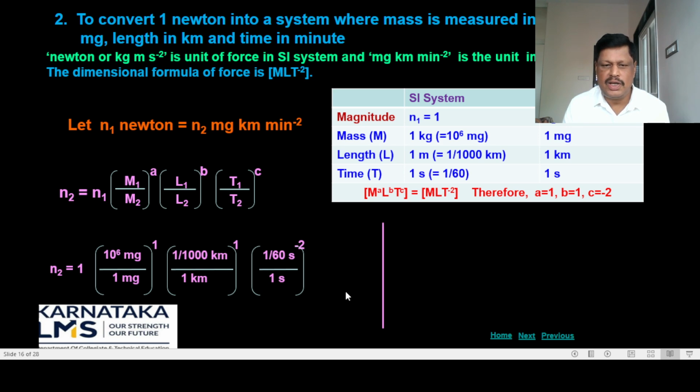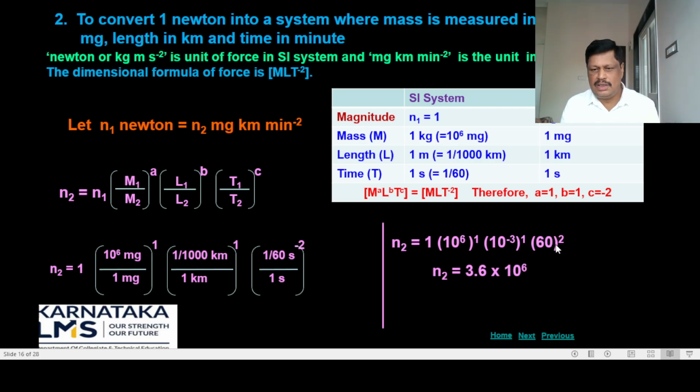T2 is 1 minute. Milligram, milligram, kilometer, kilometer, minute, minute get cancelled. So simplify this equation, we get N2 is equal to 10 to the power of 6 into 1 by 1000, which means 10 to the power of minus 3, into 1 by 60 whole square. 60 whole square is represented by 3600.